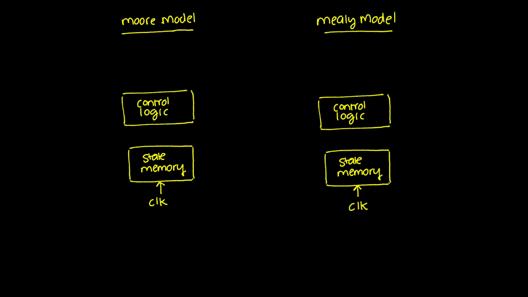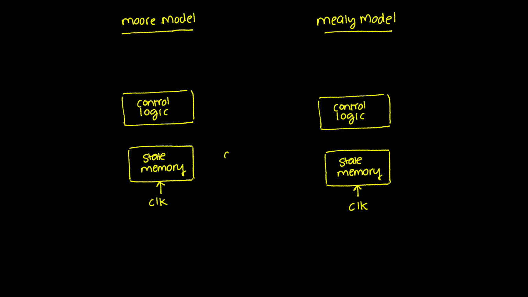It's just a fancy way of saying flip-flops, because what they're doing in this context is keeping track of what state I'm in. And they are the only sequential logic elements in my whole design. So they're the only ones that have a clock, that are clocked. Everything else is combinational. My control logic is combinational, meaning it's just like logic gates. The state memory is clocked.